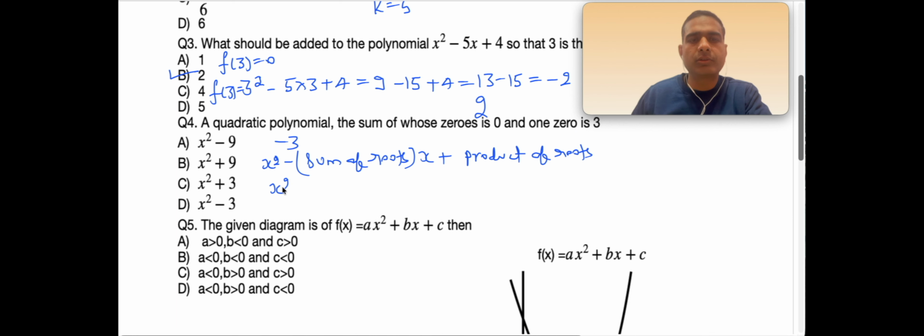So x square, and it is already given that the sum of zeros is 0, so 0 times x, plus the product of the roots. One 0 is 3 and we found the other 0 is minus 3, so we can write x square minus 9. So the quadratic polynomial whose sum of zeros is 0 and one 0 is 3 is x square minus 9.